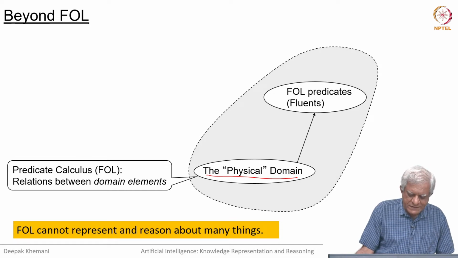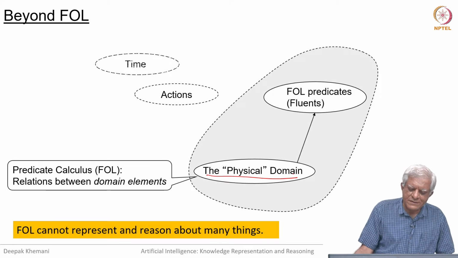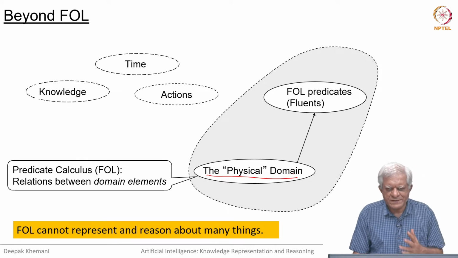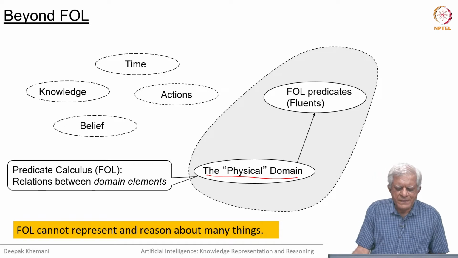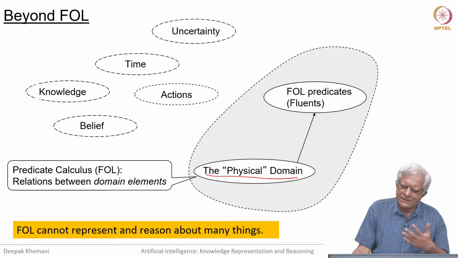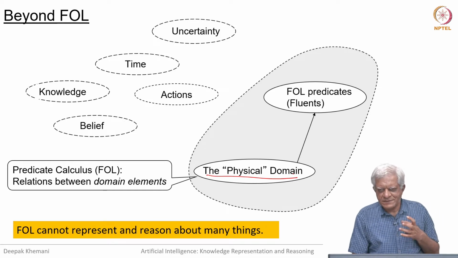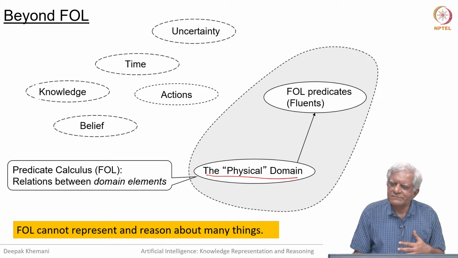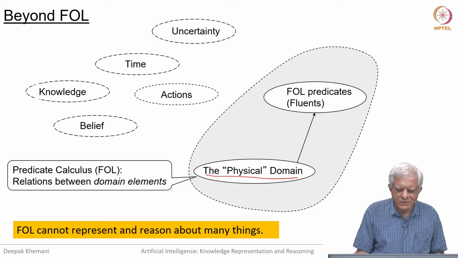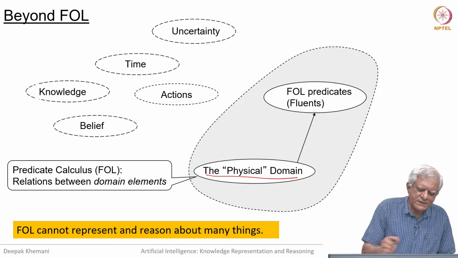But FOL cannot reason about many things, for example, actions or time. I mean, we can reason about time by adding time as an explicit parameter and manipulating it explicitly, because time is like any other entity, but actions are not objects in the domain essentially. And then there is knowledge and belief.